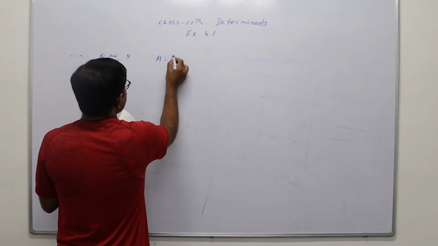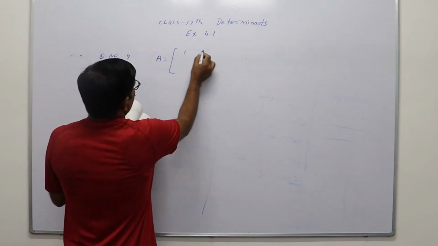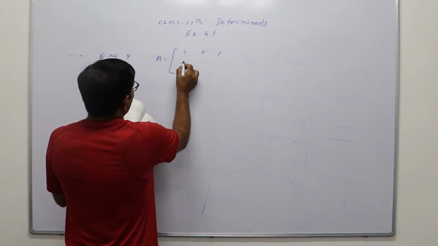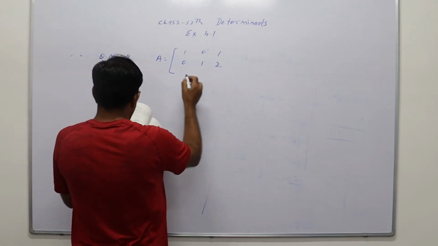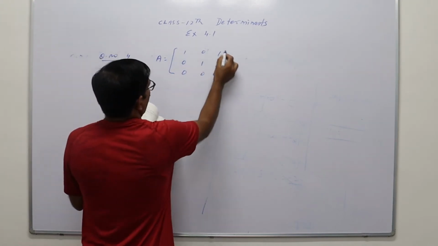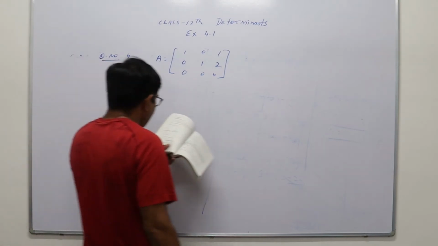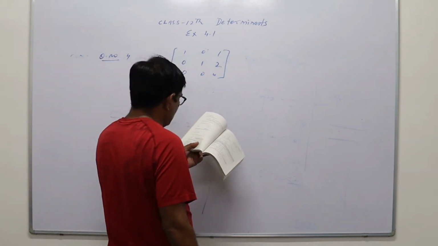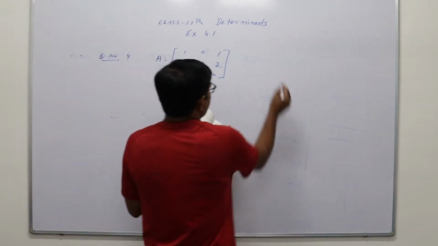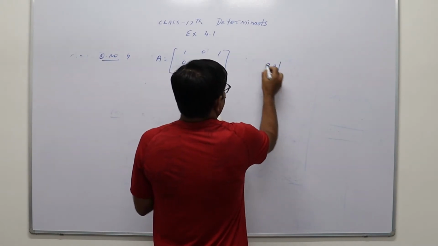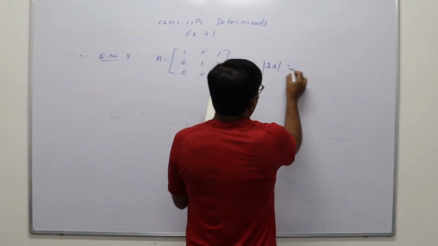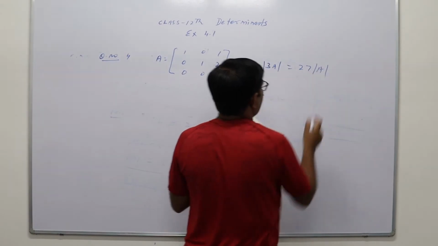Let matrix A be 1, 0, 1, 0, 1, 2, 0, 0, 4, so that determinant of 3A is equal to 27 into determinant of A.